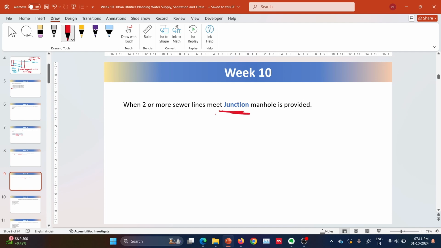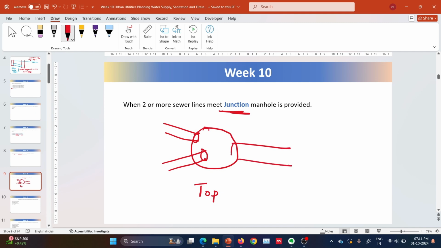Here, from the top, we can see one sewer, another sewer, another sewer: sewer one, sewer two, sewer three. This is a junction manhole.